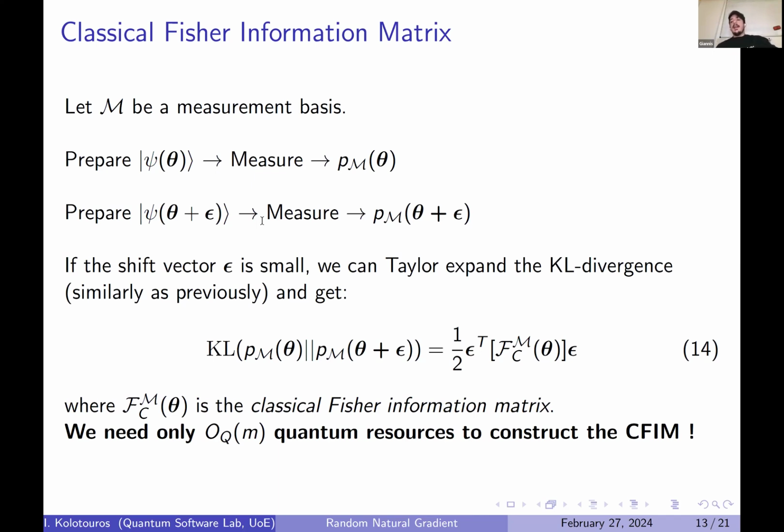What is really surprising is that in order to calculate the classical Fisher information matrix, you don't need m squared quantum resources, you only need resources linear in the number of parameters. So you have a quadratic advantage when you calculate the classical Fisher information matrix, but of course it carries less information than the quantum Fisher information matrix.